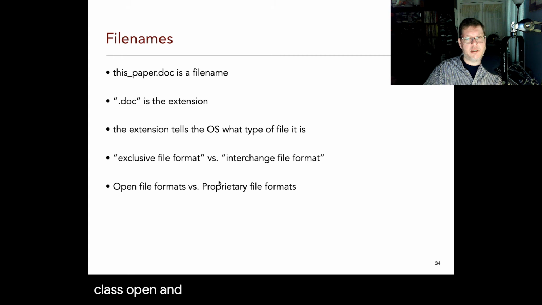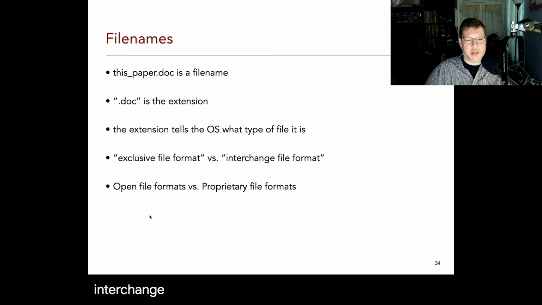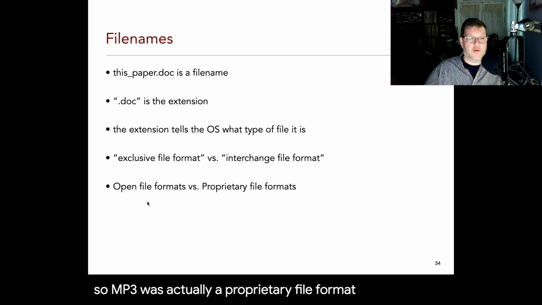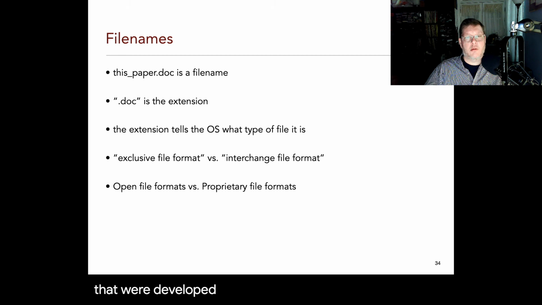Open and proprietary are similar to the exclusive and interchange, except it has more to do with business models. So MP3 was actually a proprietary file format, whereas an open file format would be something like Wave or Ogg Vorbis or FLAC, that were developed by people with the idea of letting anyone use that file format.